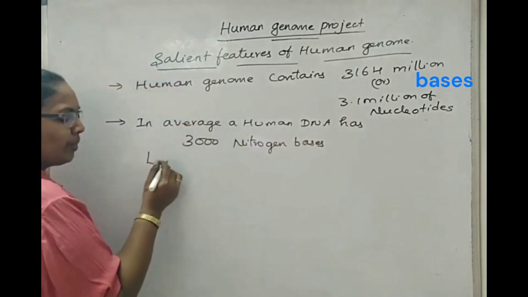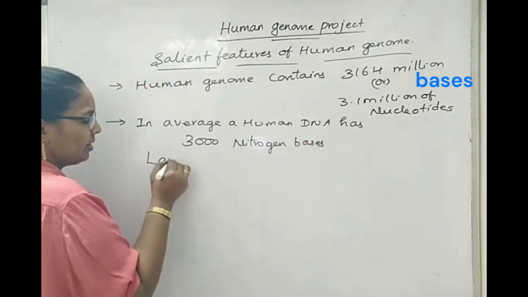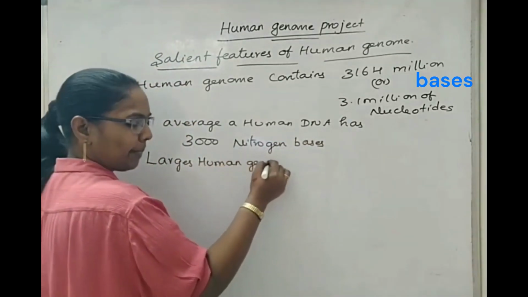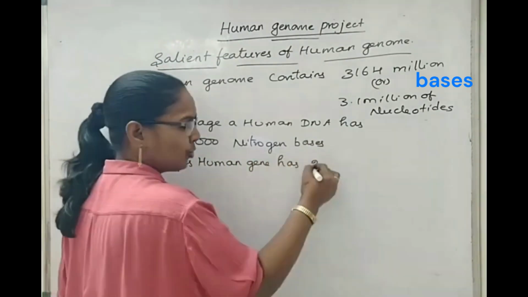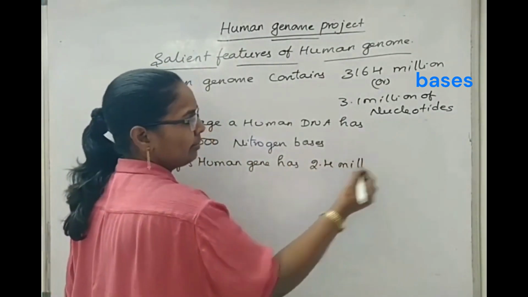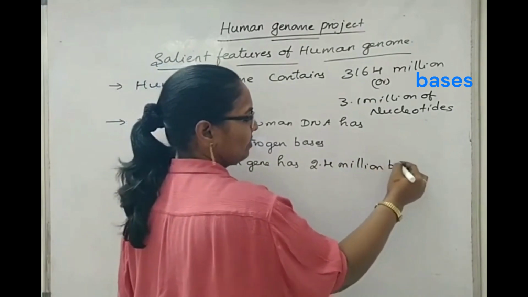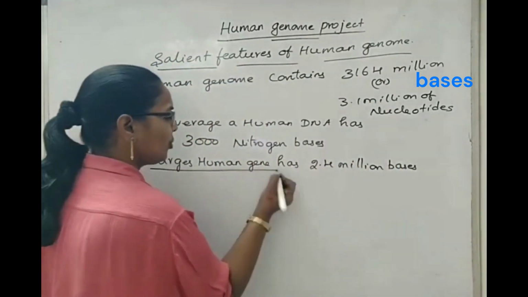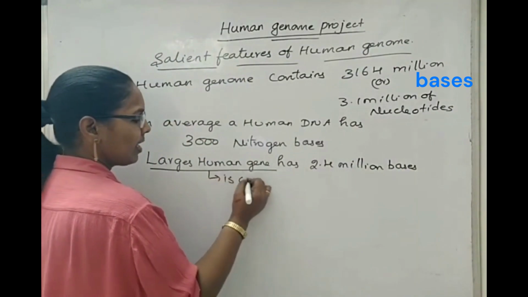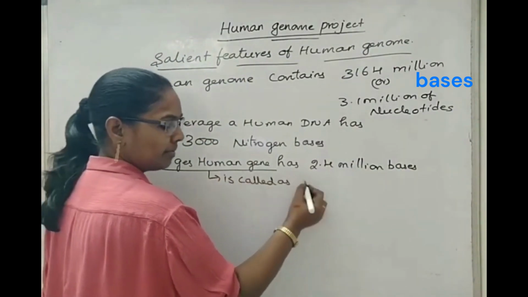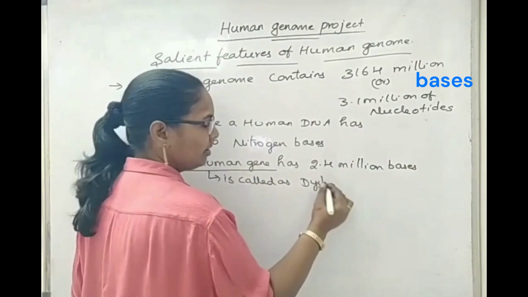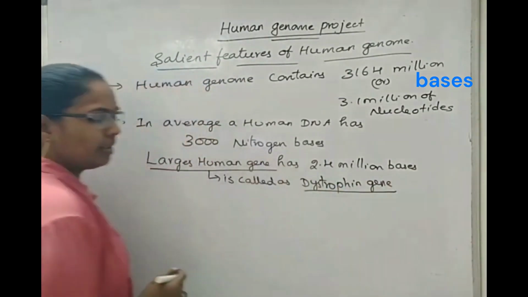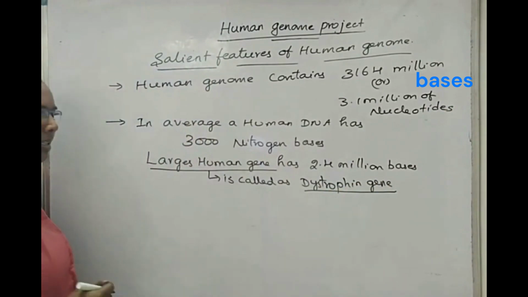The largest human gene has 2.4 million bases. What is this largest human gene called? It is called the dystrophin gene. The largest human gene is called the dystrophin gene.